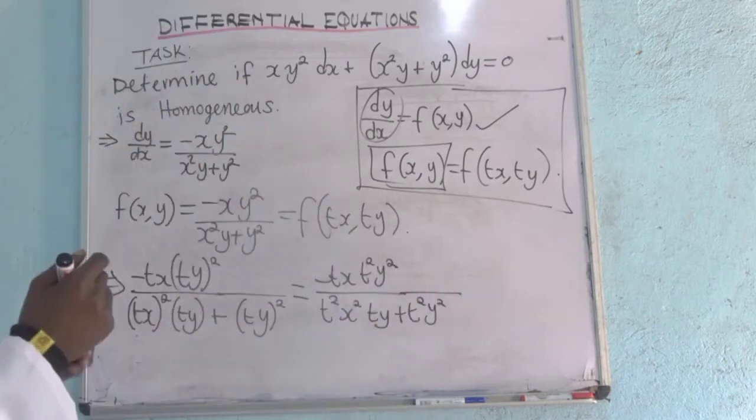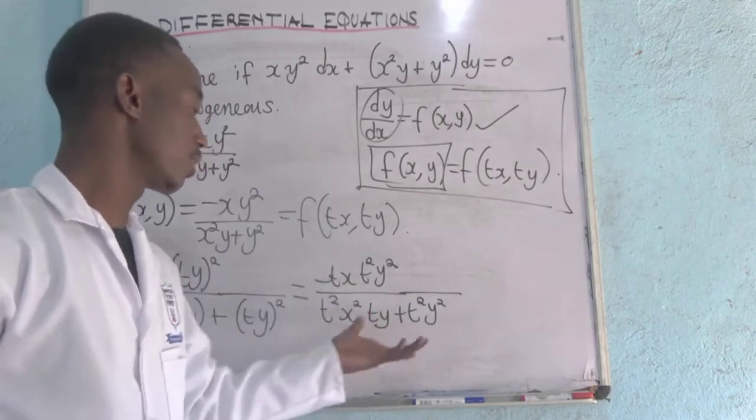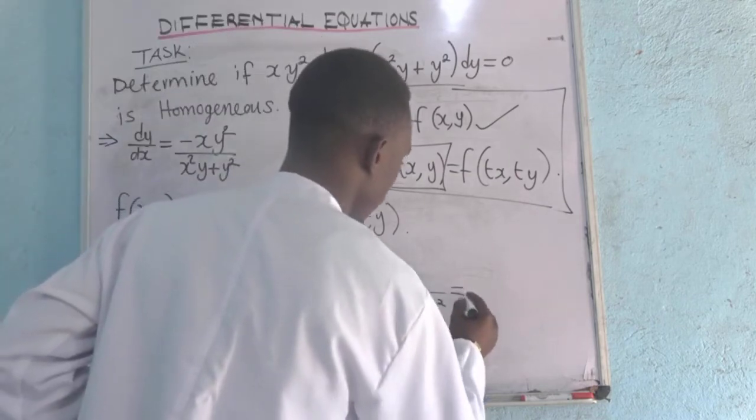So this is what you have. Then if there's a t, there's a t, you can factor out a t and see what we remain with.